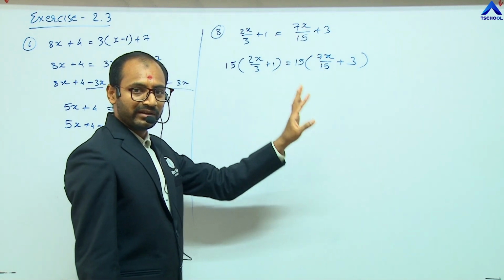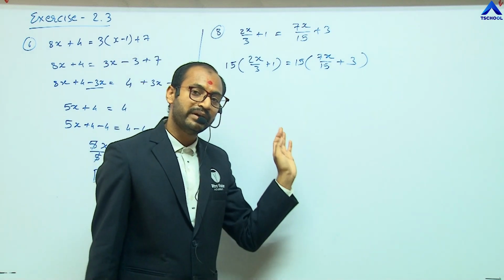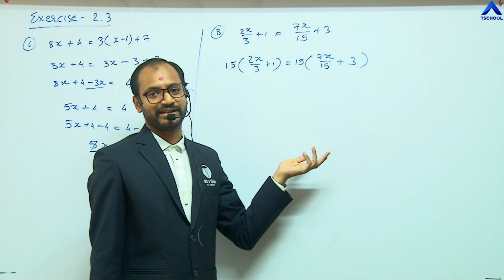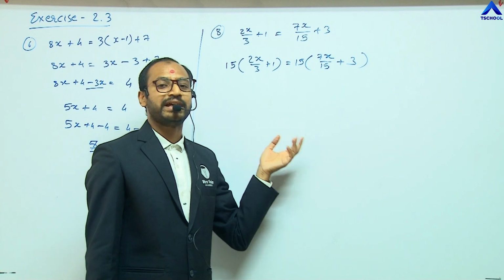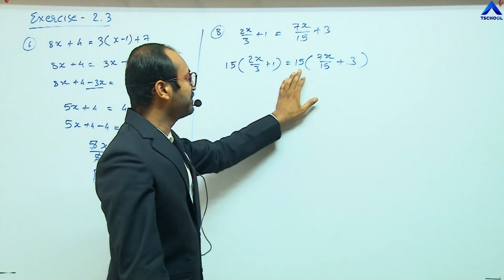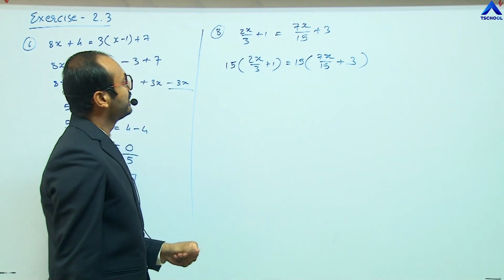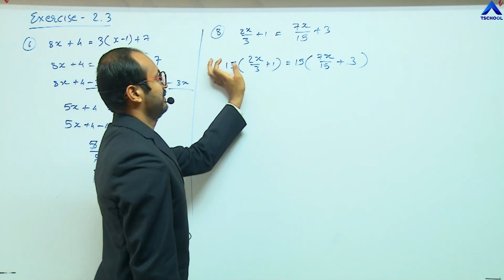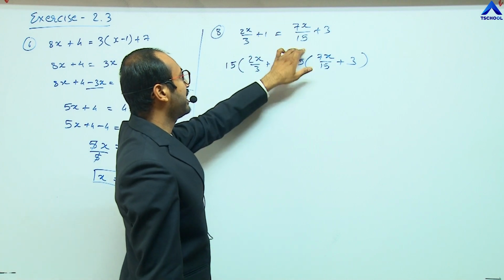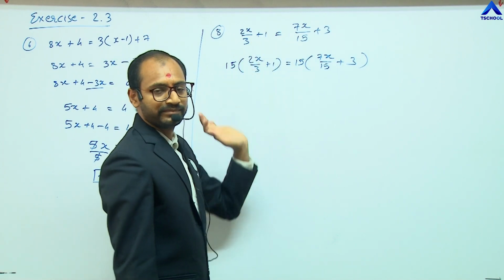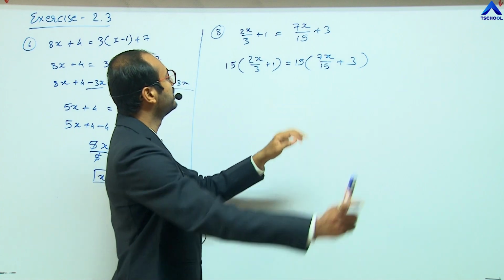Then to remove that 5, we have to again multiply by 5 on both sides. So the process is the same, but we have to do it twice. So here, to simplify the rational number, we have to multiply by the greatest on both sides.